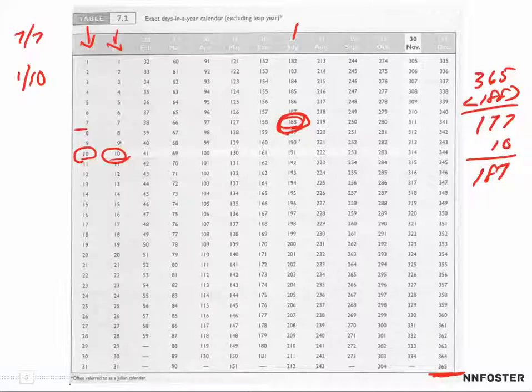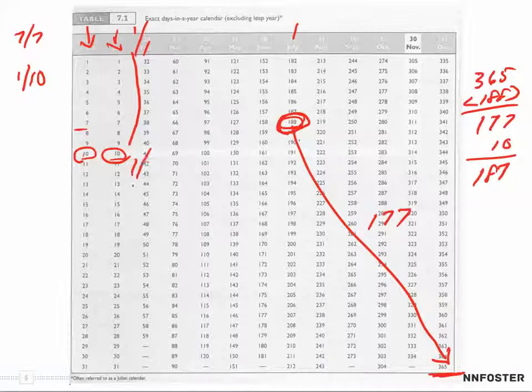Okay, so that's where I get that 10 days from. 365 minus 188 is 177 days. But to go from January 1st to January 10th is 10 days. And I add those two together, all right, to get the 187.